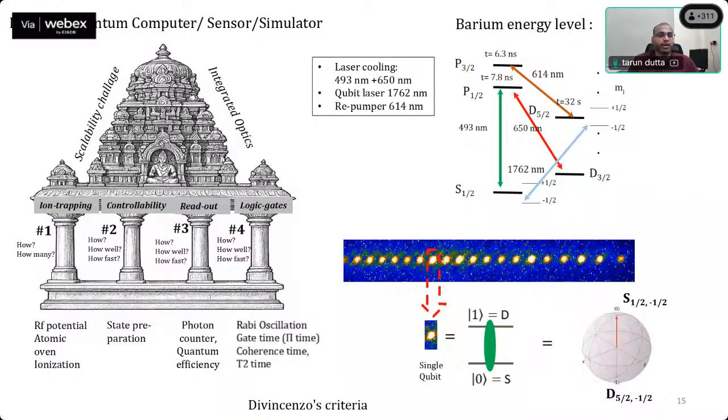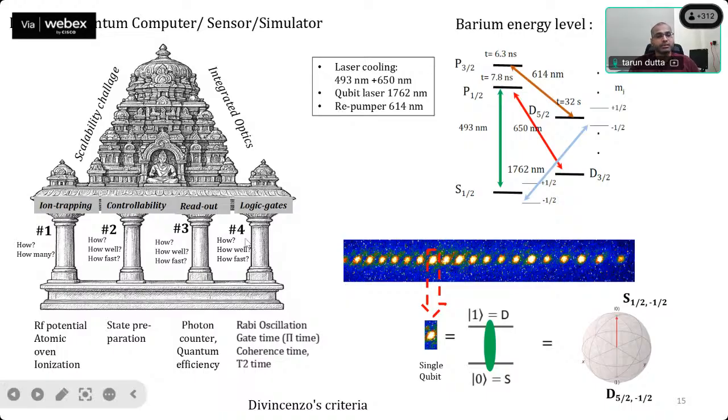The first one is trapping of ions, as you can see from the left side figure. The second one is controllability, meaning how well you can prepare your system, how you can control it, so that whatever you want to prepare, you can do it very well with high fidelity.